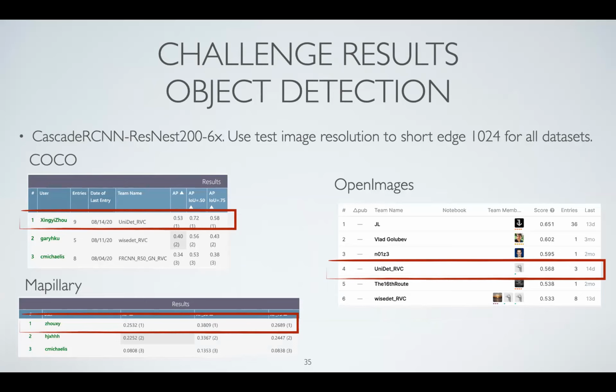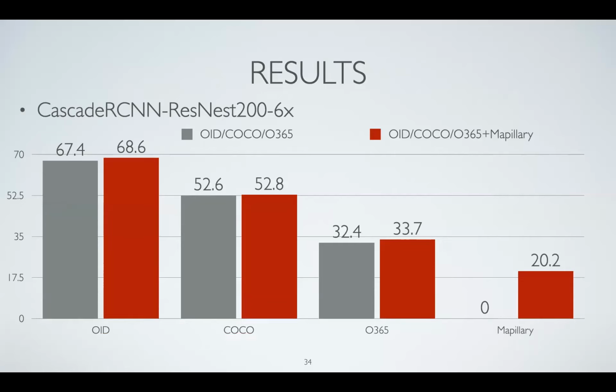Yes, we didn't try removing Objects365. We did try experiments on just training COCO, and in the early stage of our project, we trained COCO and Objects365, and found that Objects365 actually can help the COCO performance. So maybe it helped.